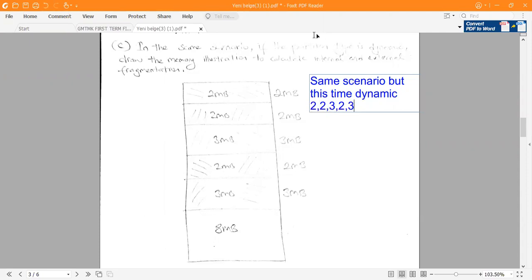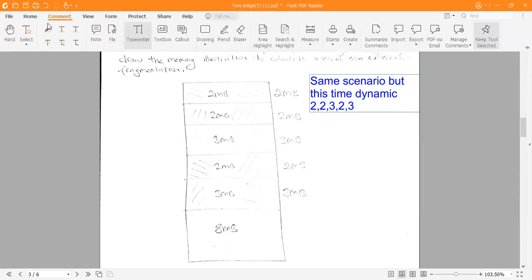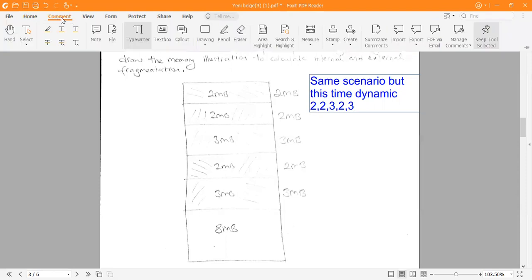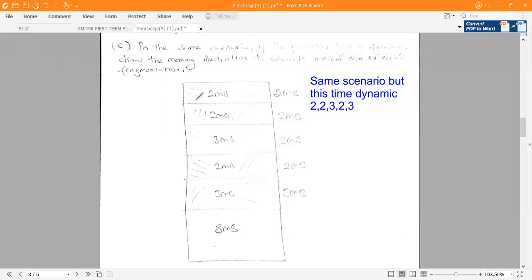So in dynamic partition, we were creating partitions according to the process size. When you think about that, this is just empty.